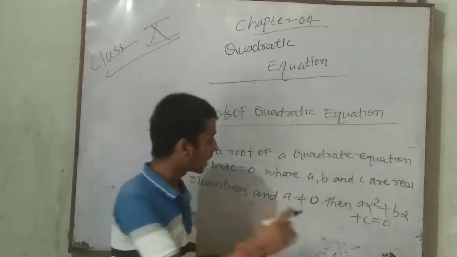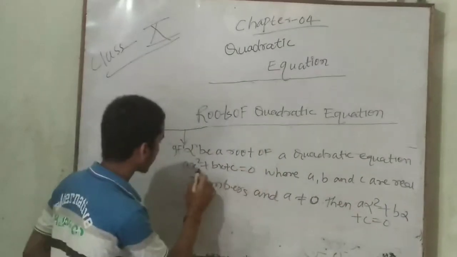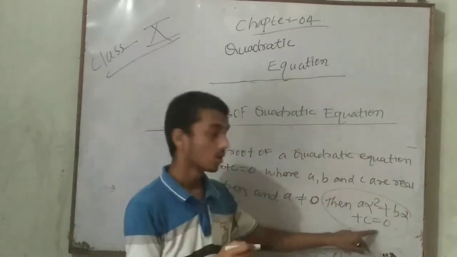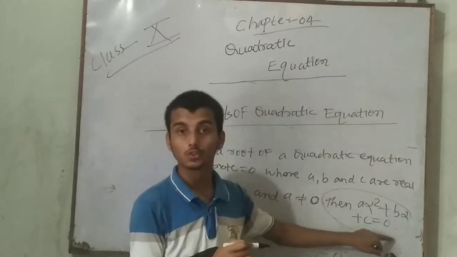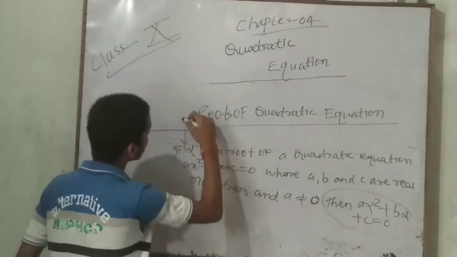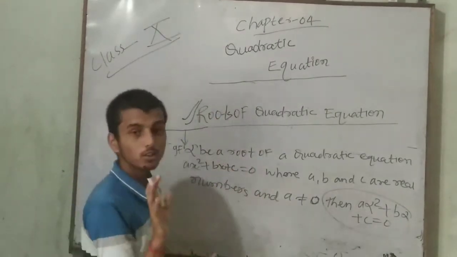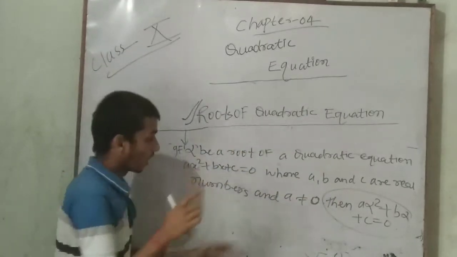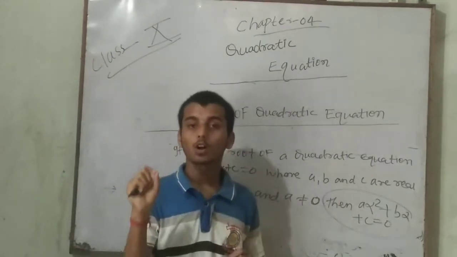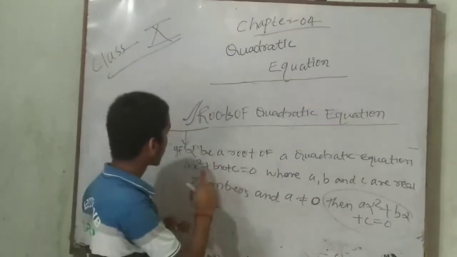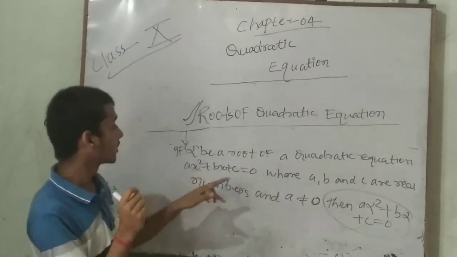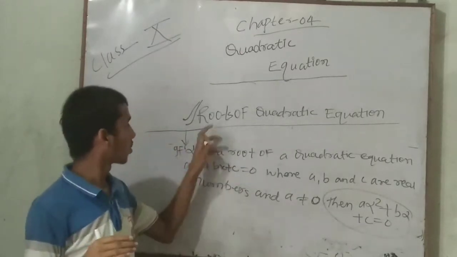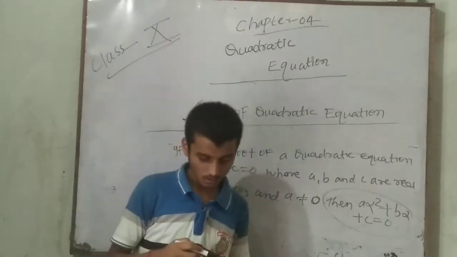By putting alpha in the place of x, this value should give the value equal to 0, then it is called a root of a quadratic equation. Otherwise it will not be called a root of the quadratic equation. A number which is put in the place of x and makes the whole quadratic equation equal to 0 is called a root of the quadratic equation.